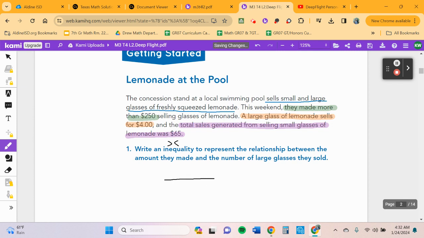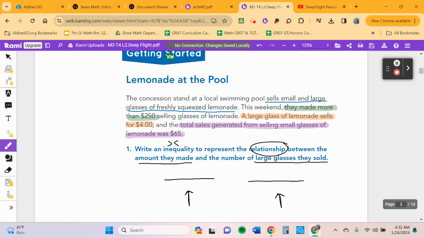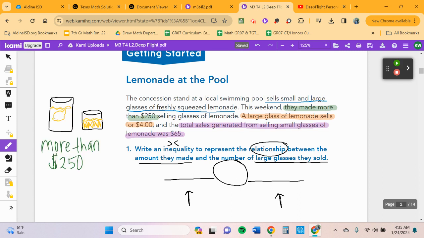I'm figuring out the relationship between the amount they made and the number of large glasses they sold. And in the middle should go an inequality, so one of these values is greater or less than the other.